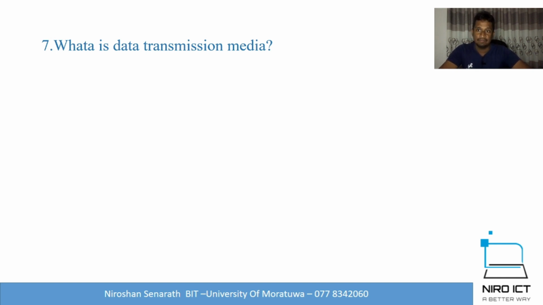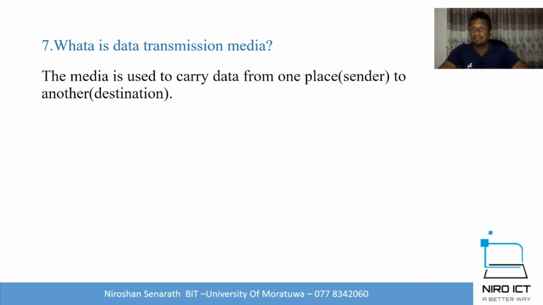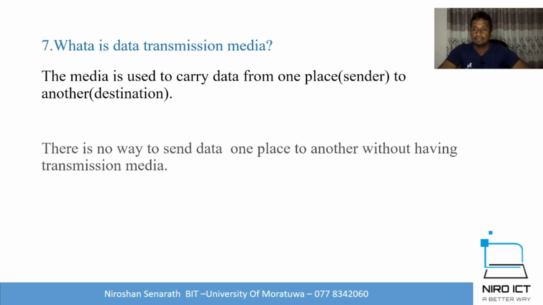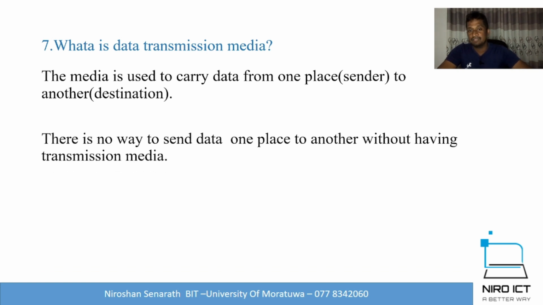It can be wired or wireless. Then what is data transmission media? It is the media used to carry data from one place to another. That is a simple explanation. There is no way to send data from one place to another without data transmission media, right?